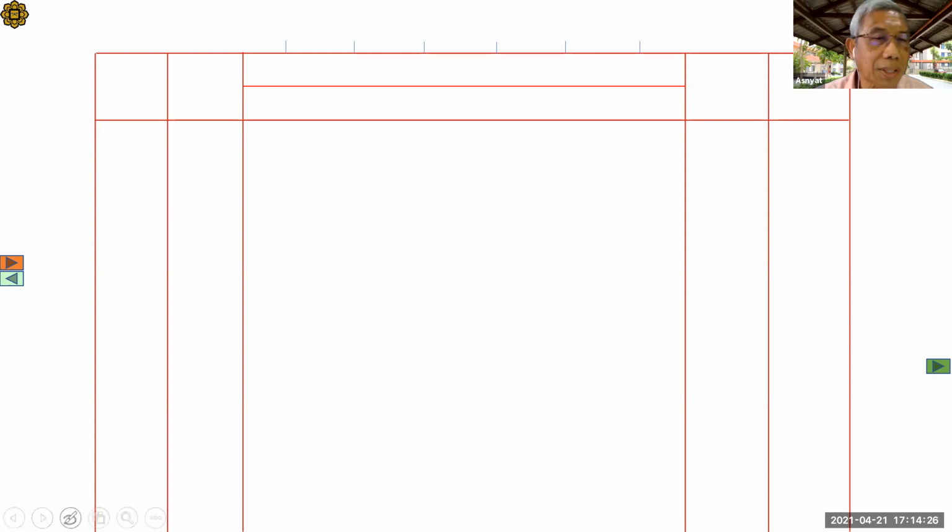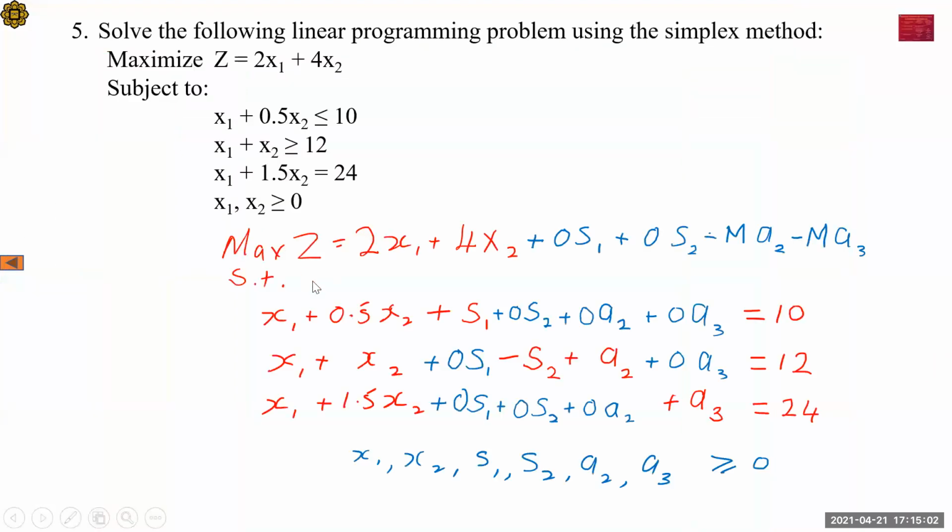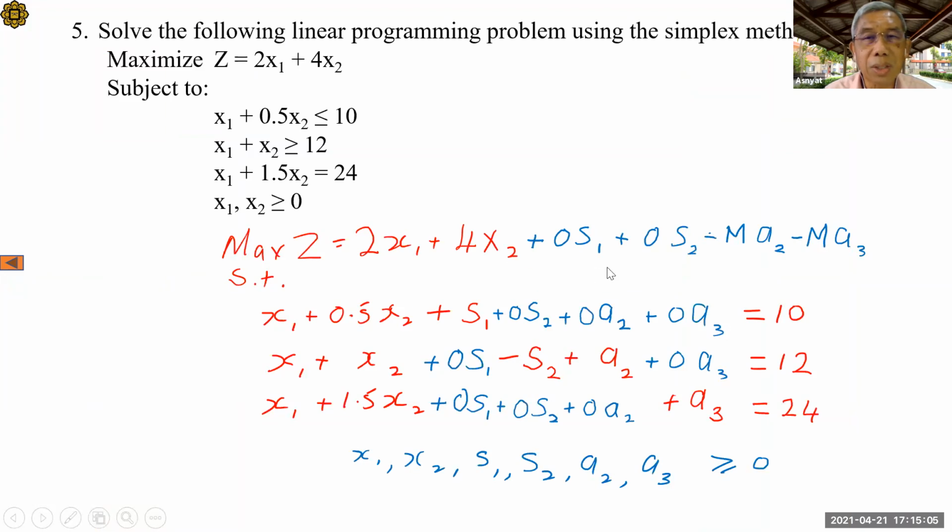Let me choose red color again. We have x1, x2, s1, s2, a2, a3.